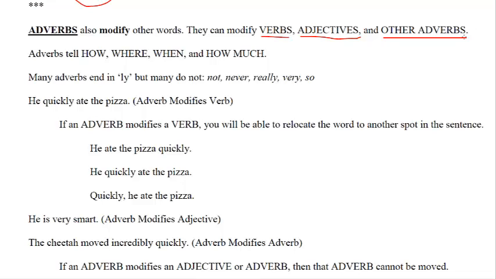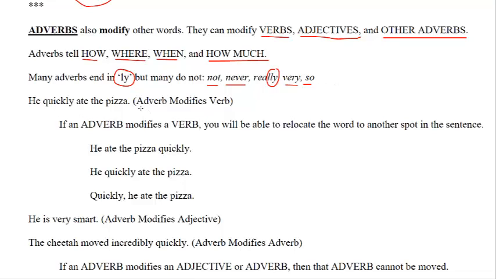Let's take a look. Adverbs tell how, where, when, and how much. Many of those adverbs are going to end in ly, but many are not going to, like not, never, very, so. Really does end in ly. But those are common adverbs that you're going to run into quite often.